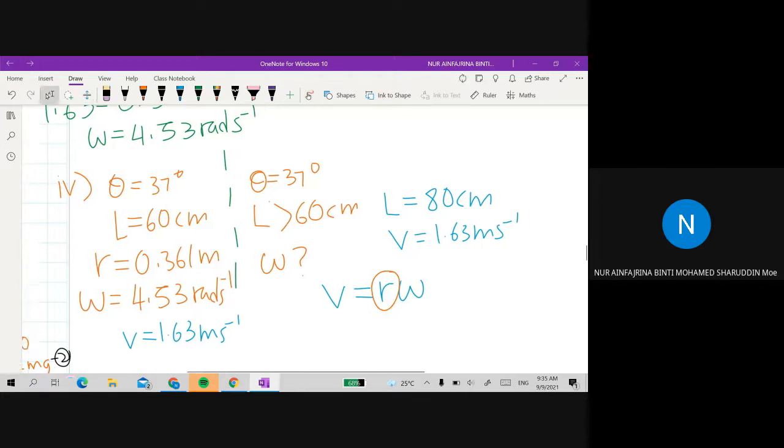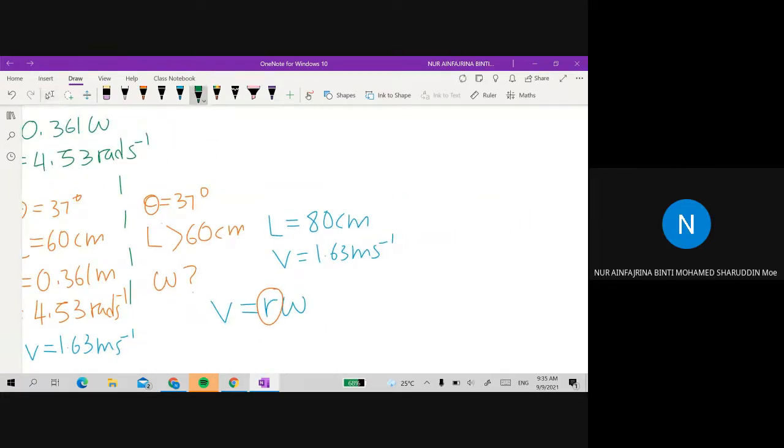Macam mana nak cari radius bila awak tahu awak punya length dan juga awak punya angle? Tadi baru kita buat. R equals to L sin theta. I need all of you to press the calculator for me. Length dia akan jadi 80 times 10 to the power of negative 2, darab dengan sin 37.